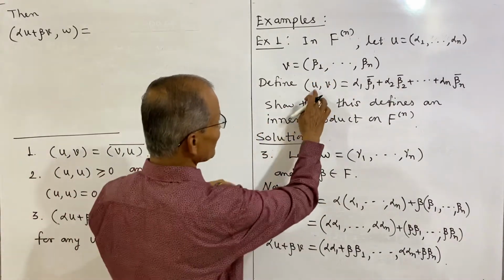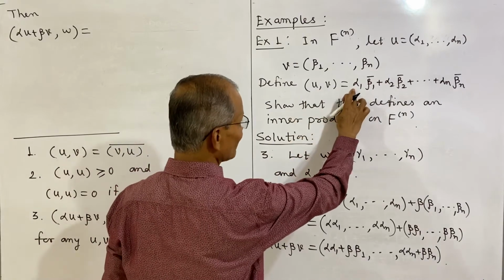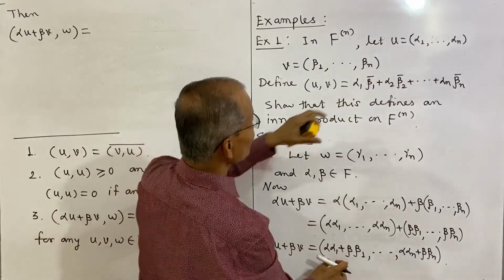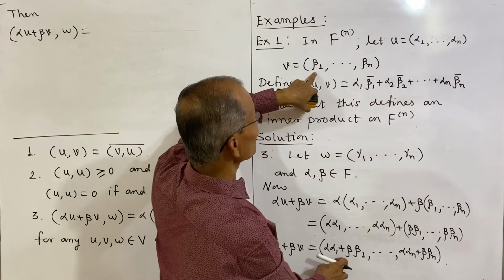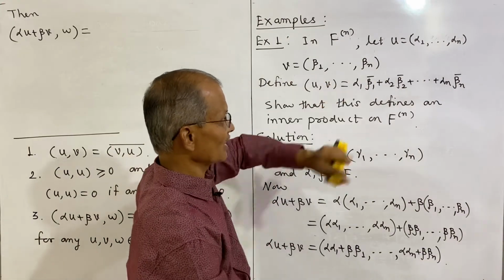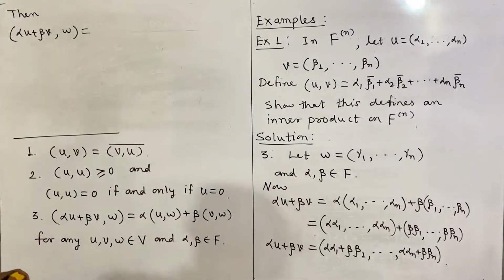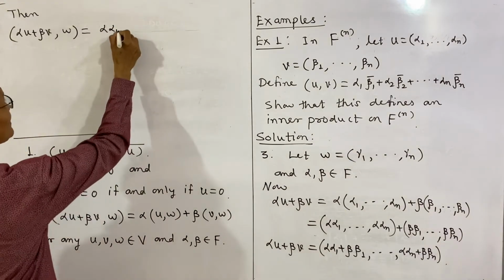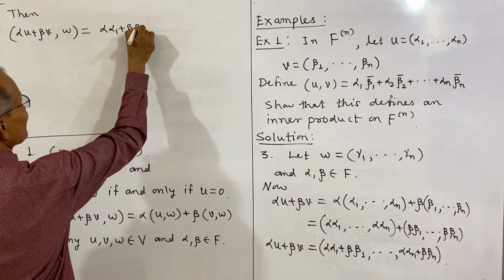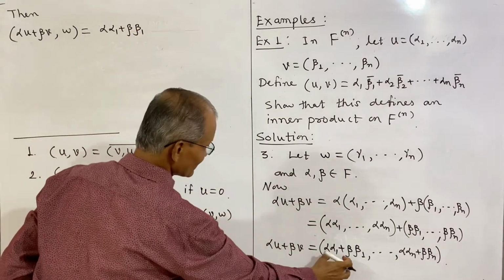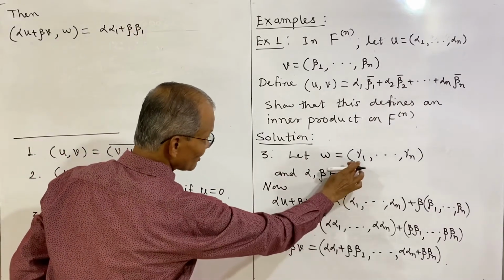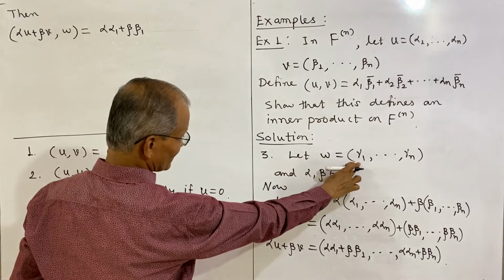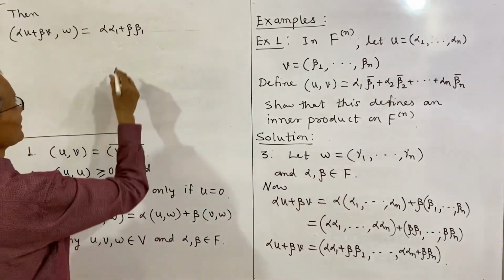The inner product of these two vectors is the first component of this vector into the conjugate of the first component of the second vector. So therefore this will be alpha alpha 1 plus beta beta 1, as it is, into the conjugate of the first component, that is gamma 1.